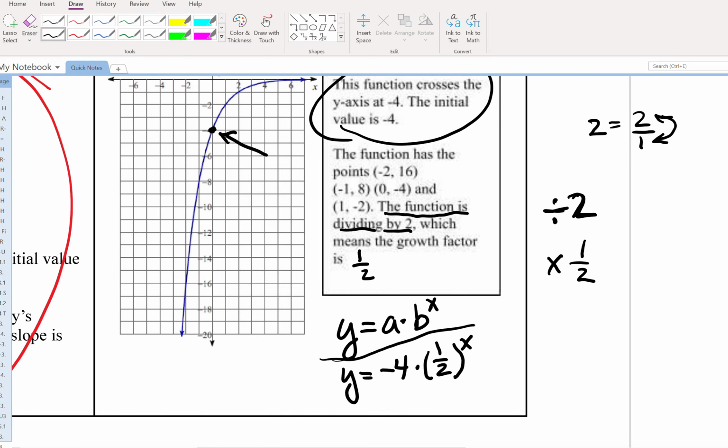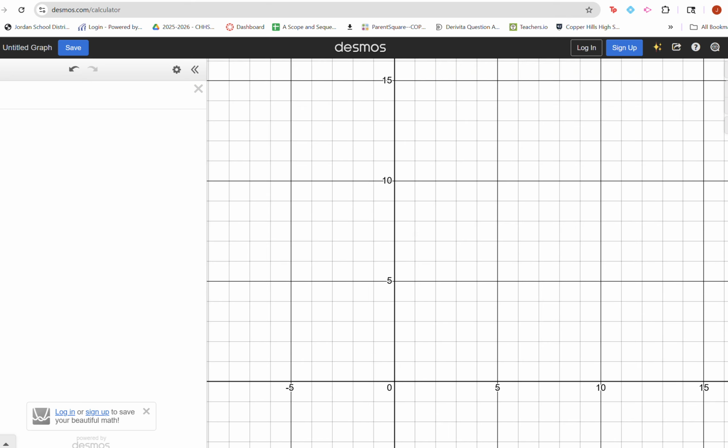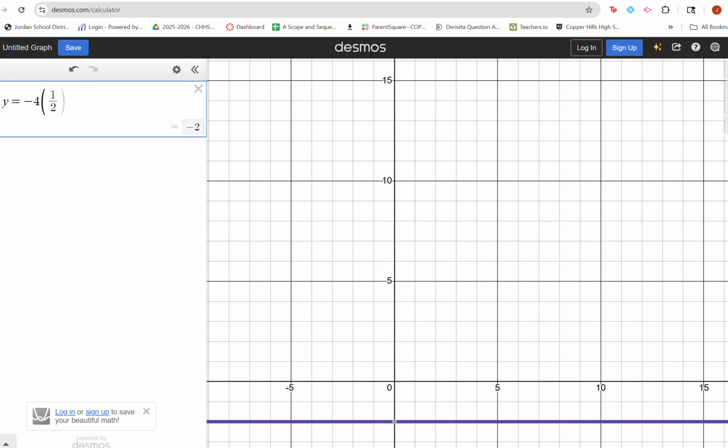And what if you're like, man, I don't know if that's right or not. Remember, you can use a program like, let's say, Desmos. And I can type in here y equals -4. And then let's open up a set of parentheses times. And we said it was 1/2. So 1 divided by 2. And then let's open the parentheses.